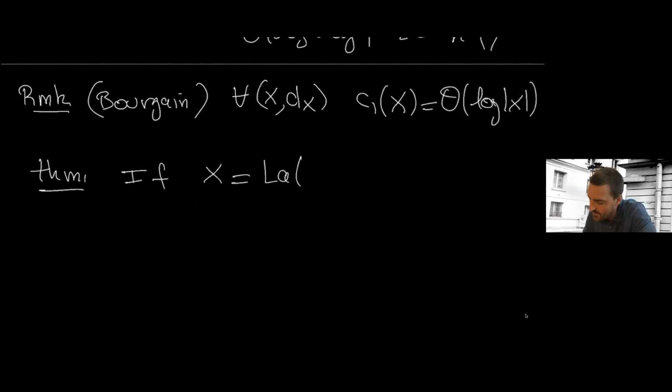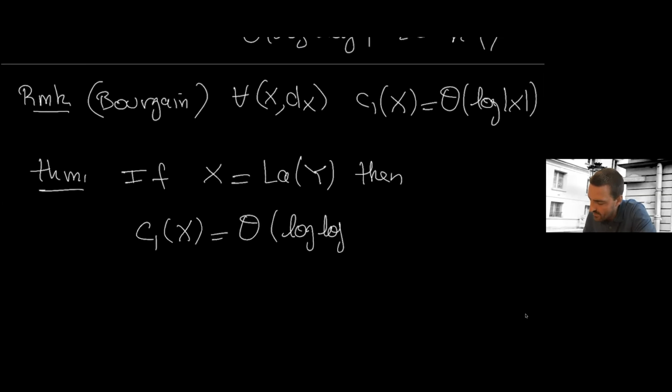So Y will be a metric space here. You can define what is the Lamplighter metric over this space. So this gives you a new metric space. So then the L1 distortion of X is actually a big O of log of the cardinality of X.